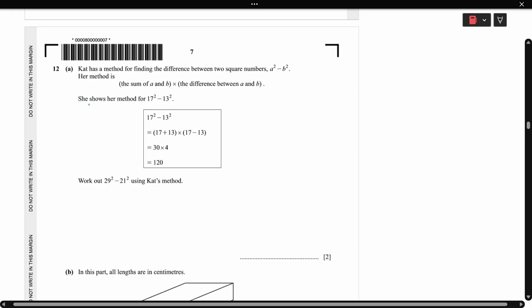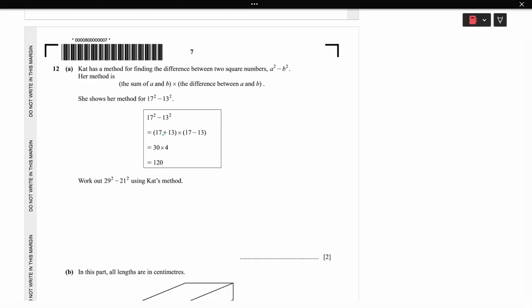Okay, so the next part. There is a sample given, 17 squared minus 13 squared. We need to do this way, 17 plus 13 and 17 minus 13. So we got the answer. So we are going to do the same pattern, 29 squared minus 21 squared. So we write 29 plus 21 times 29 minus 21.